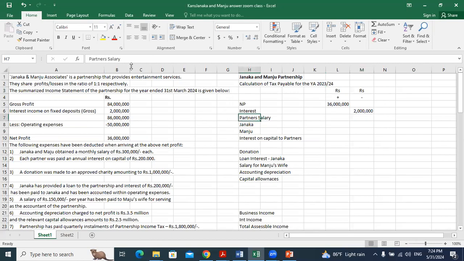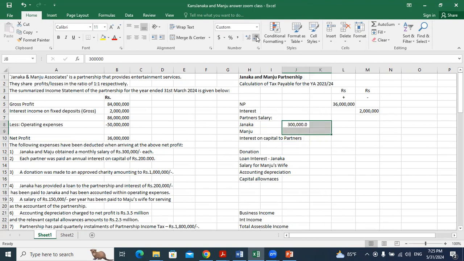Thereafter, we have partner salary. Two partners, Janak and Manju. What is the clause given? Janak and Manju obtain a monthly salary of 300,000 each. So this is 300,000 into 12.